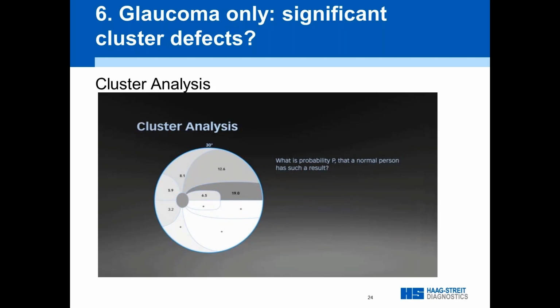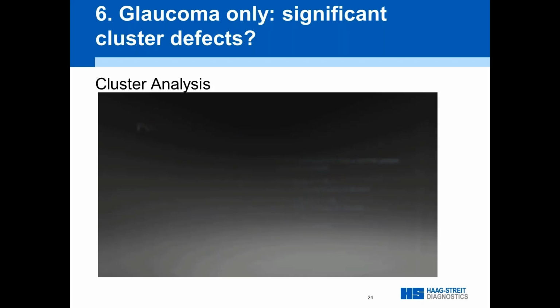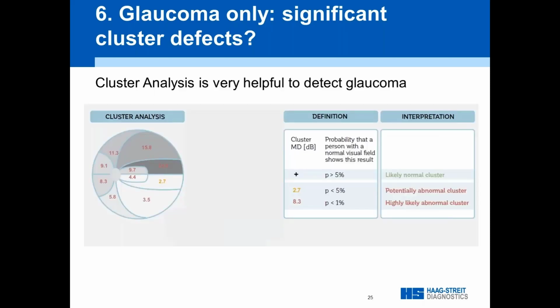And then we use a similar representation as on the probabilities plot. Basically, a plus means it's fairly normal, and if you get a number, the newest alpha version that comes also with an orange and a red color code, that means actually it's a likely abnormal cluster.